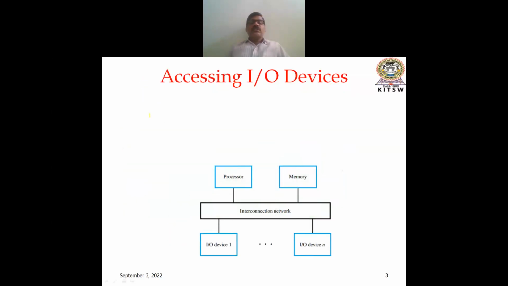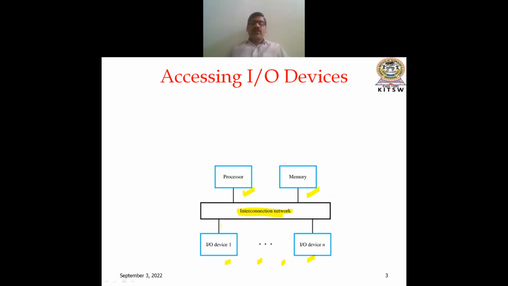So this is how these IO devices are getting connected through an interconnection network with the processor. For example, this is a processor and this is the memory, and these are the different IO devices: IO device 1, IO device 2, IO device 3 and IO device N. They are interconnected through an interconnection network.